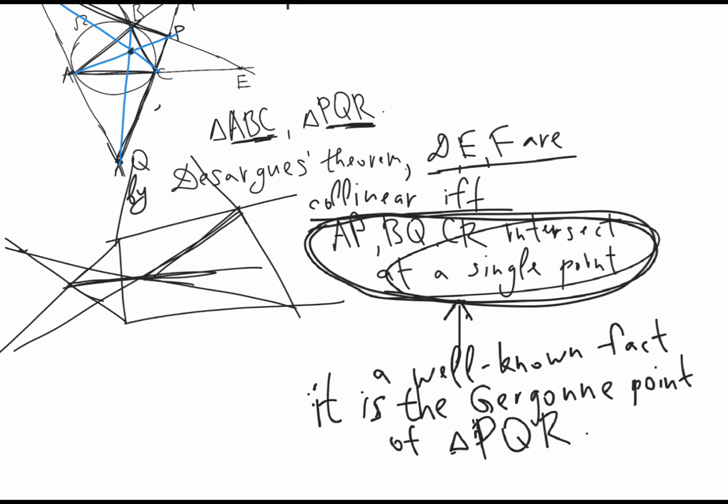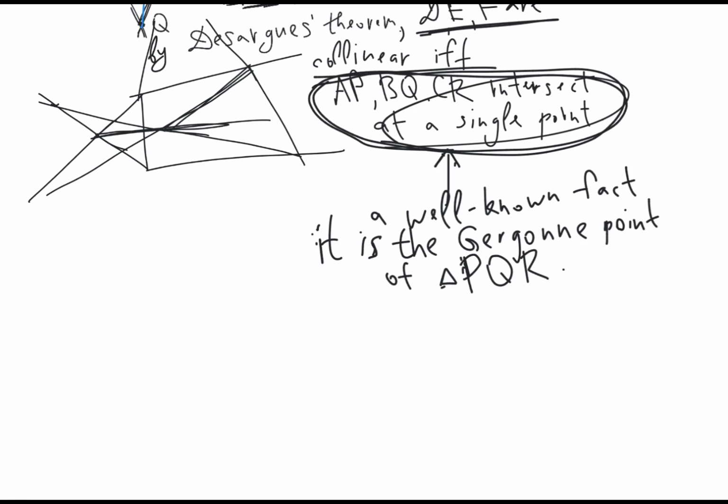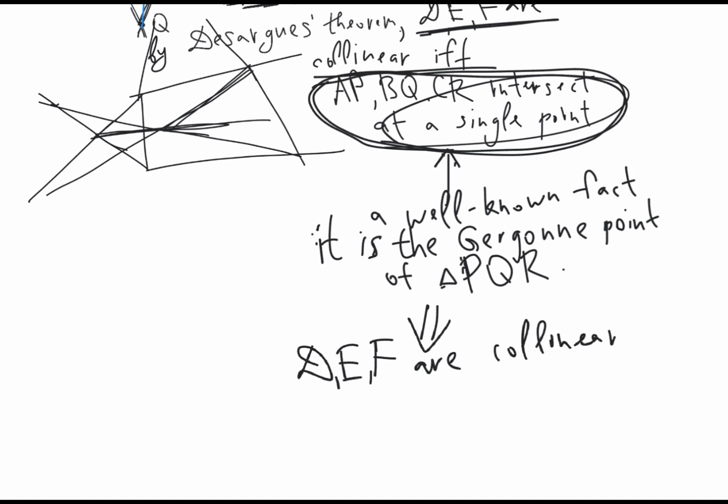So from this we conclude that D, E, F are collinear by Desargues theorem. And this concludes the proof.